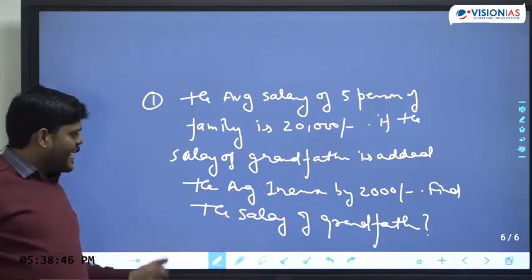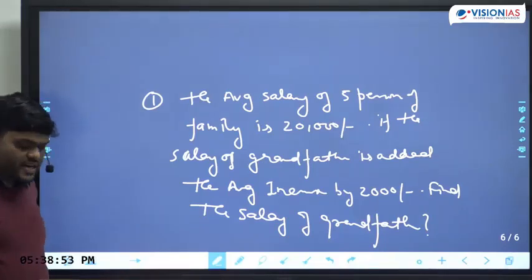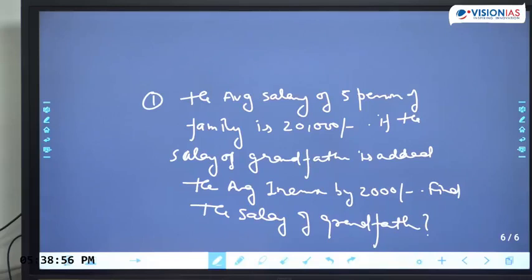If the salary of the grandfather is added, the average salary increases by 2,000 rupees. Find the salary of the grandfather. Try this question. 2,000, one answer I'm getting.